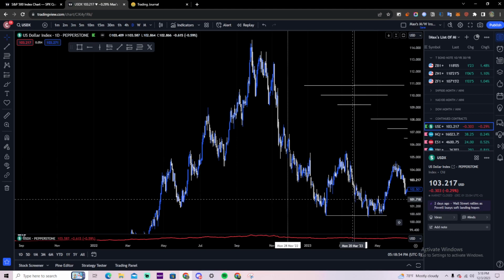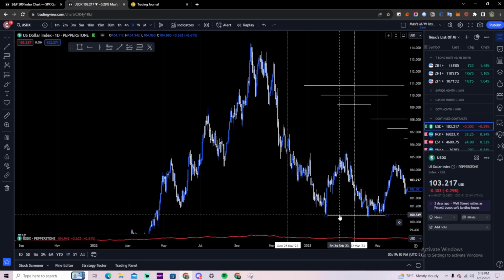When the US dollar creates a lower high, the S&P should make a lower low. When the US dollar creates a higher high, the S&P should make a higher low. Those are all buy programs. That's what I would be looking for here.